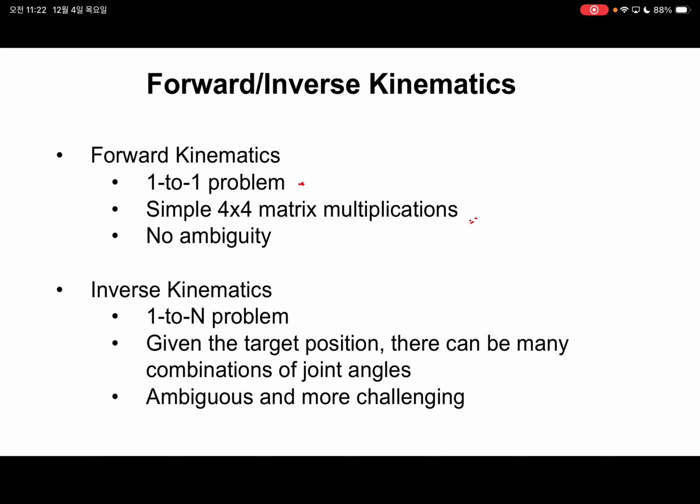For inverse kinematics, as I said, given a target position, there can be many combinations of joint angles that can accomplish the goal. So it is a one-to-many problem. Given a target position, there can be many solutions. So inverse kinematics is very difficult, much more ambiguous and more challenging.